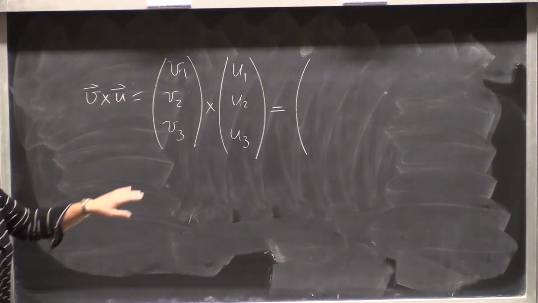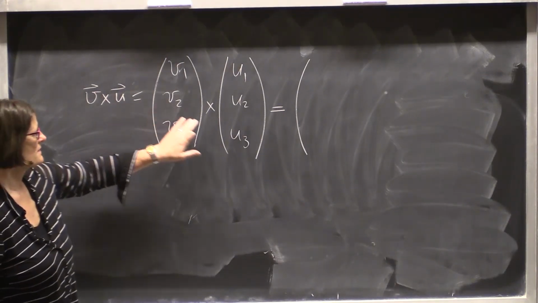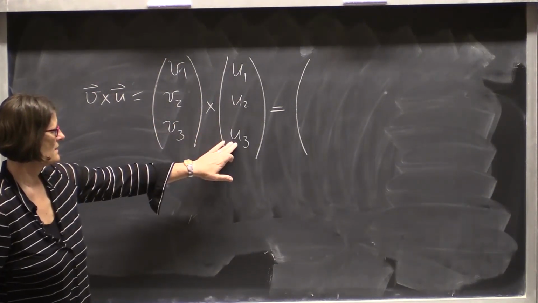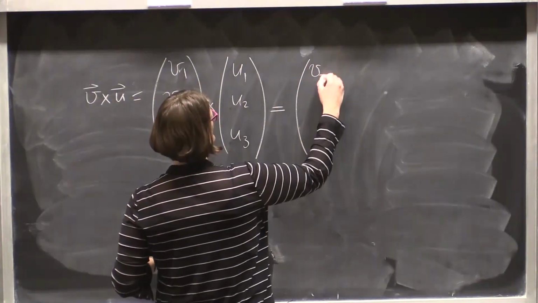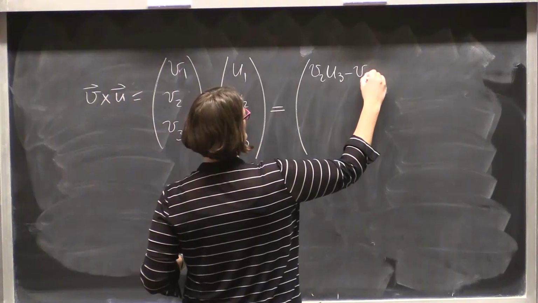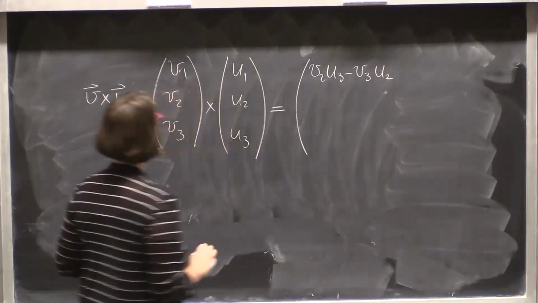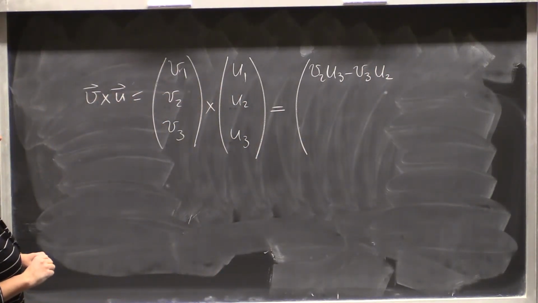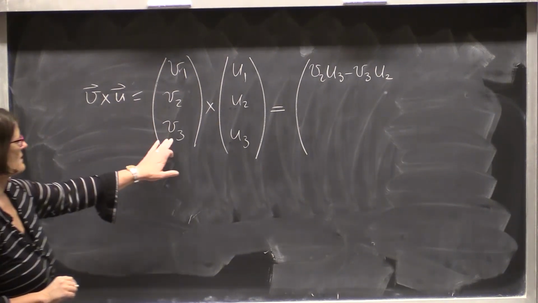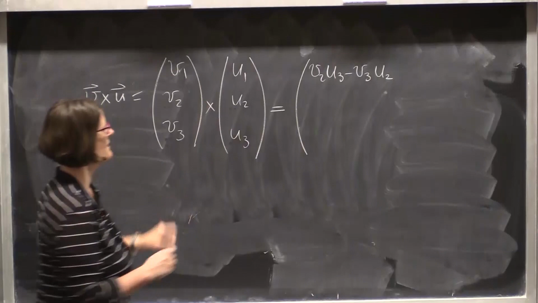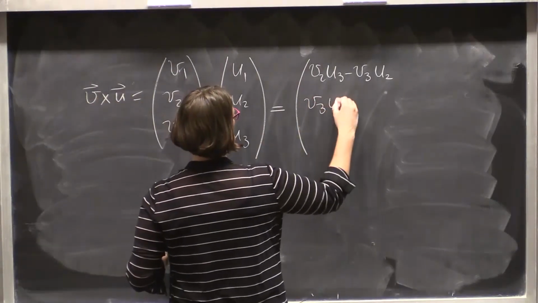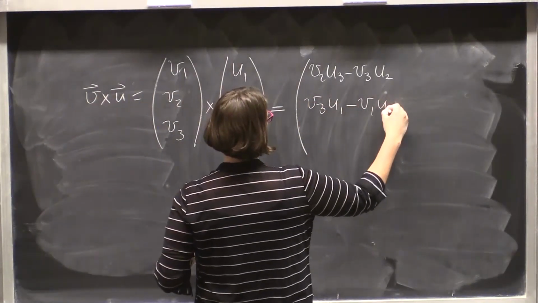So the first entry would be this times this minus this times that. So the first entry is v2 u3 minus v3 u2. The second entry, this times that minus this times that. v3 u1 minus v1 u3.